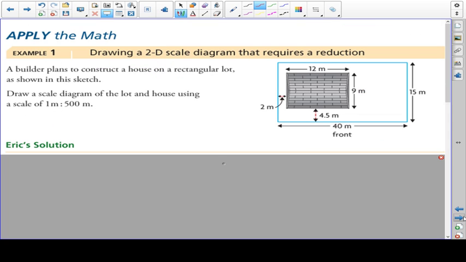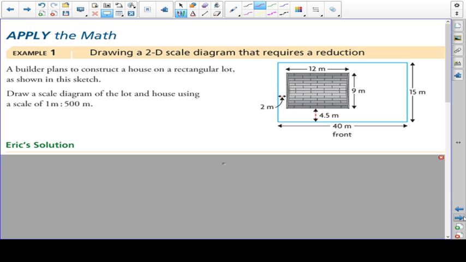So a builder plans to construct a house on a rectangular lot as shown in this sketch. Draw a scale diagram of the lot and house using a scale of 1 meter to 500 meters.